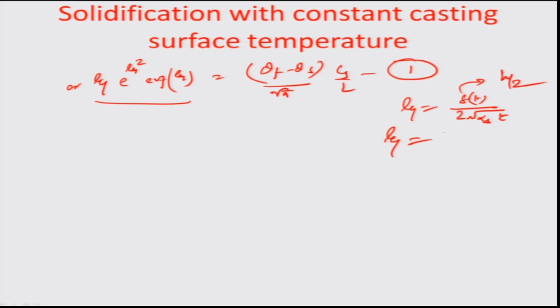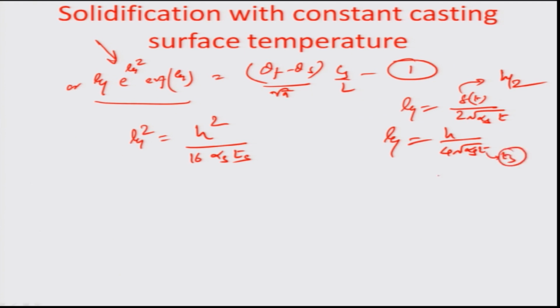So, the zeta here would typically be equal to h by 4 root of alpha s t, or if I am able to find out the value of zeta, all I need to do is zeta square equals h square by 16 alpha s Ts, and obviously when delta is h by 2, t becomes Ts, that means it is solidifying the whole casting at that point of time, and Ts becomes equal to h square by 16 alpha s zeta square.